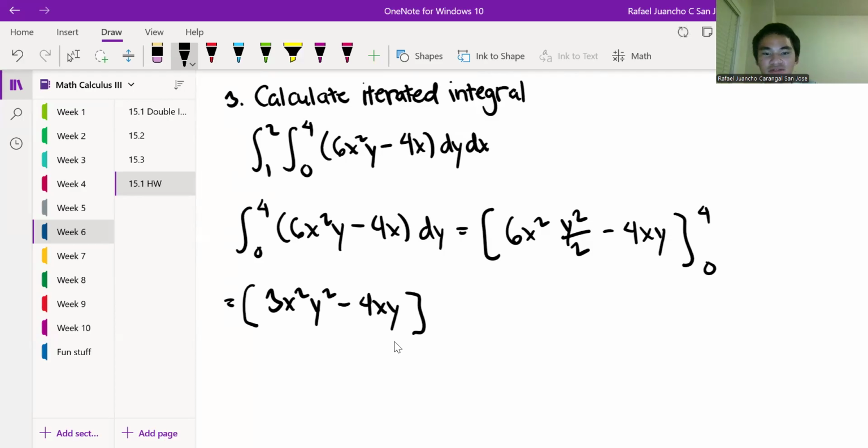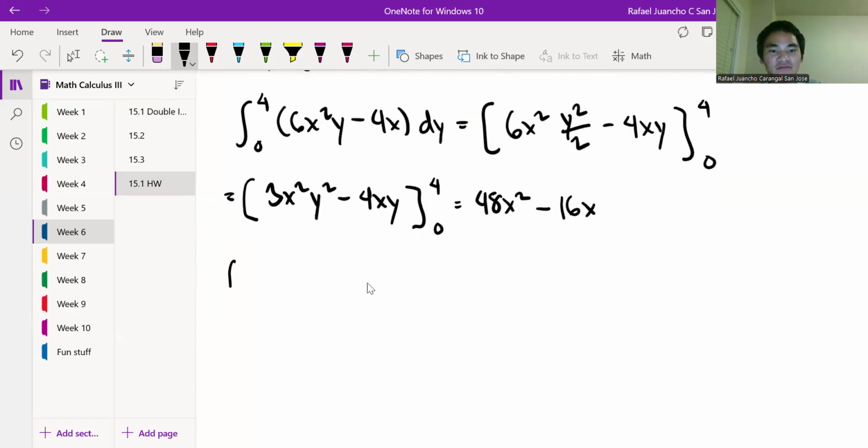Then here I solve it. I plug all of these numbers for y. If I plug in the 0, everything's 0. If I plug in the 4, I get this is 16 times 3, that's 48x squared, minus 4 times 4, so minus 16x, right?